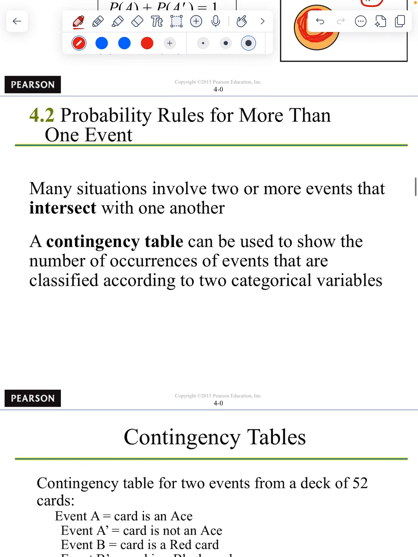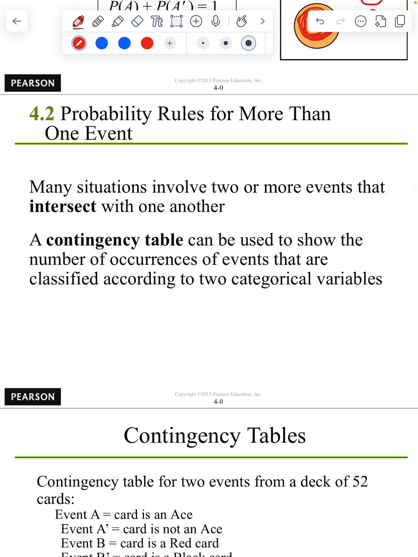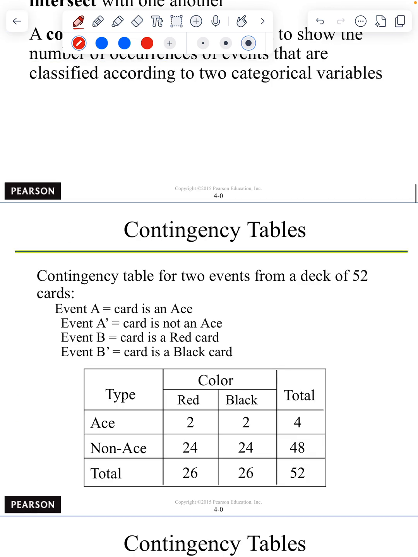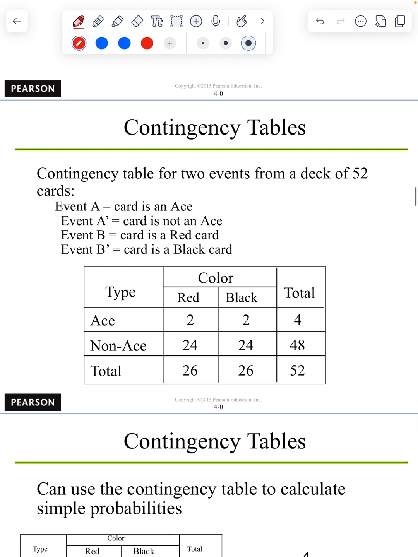So what that means is, in many situations we are going to involve multiple events that could intersect with one another. A contingency table can be used to show the number of events that are classified according to 2 categorical variables. It gives the example of a deck of cards.